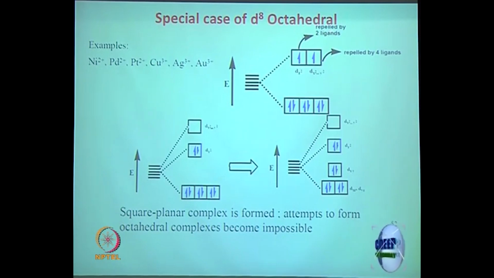This is 2 ligands repelling, 4 ligands repelling, right? This is a unique situation: the same electron is repelled by 1, repelled by 2, repelled by 4. In order to bring some calmness to the system, the Z orbital will stabilize.